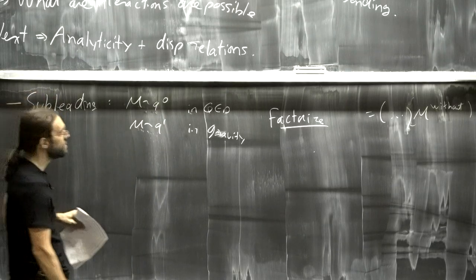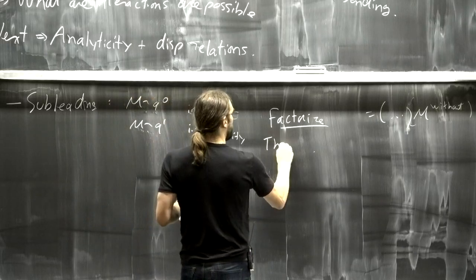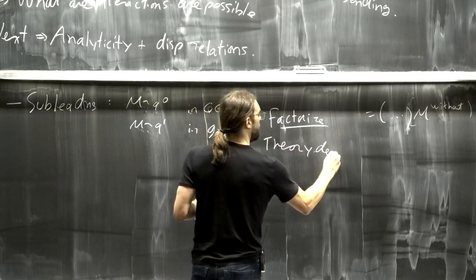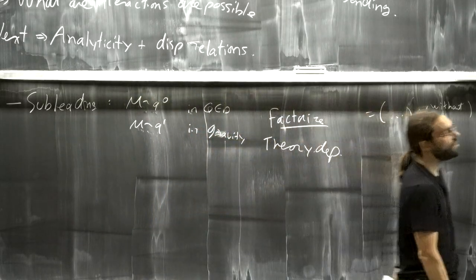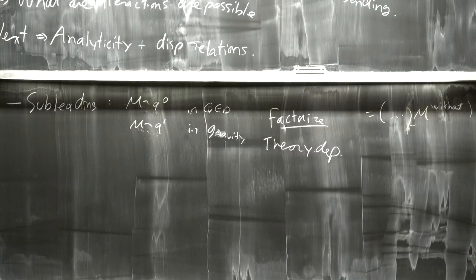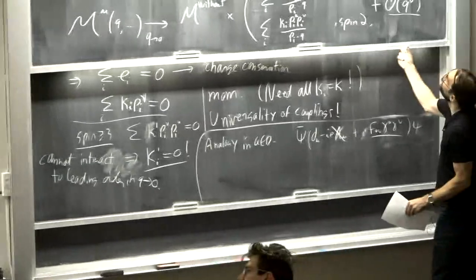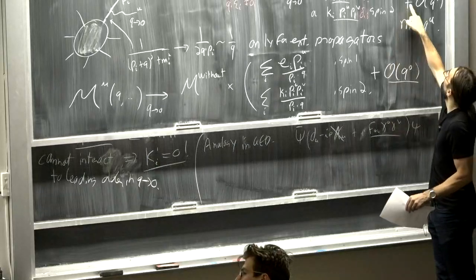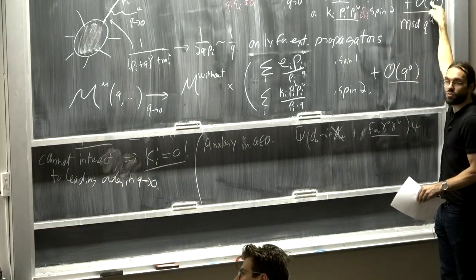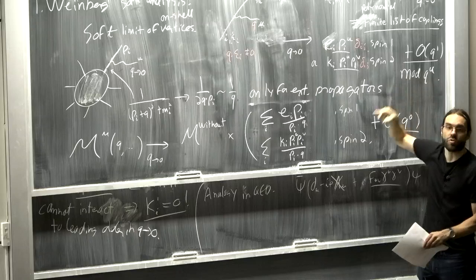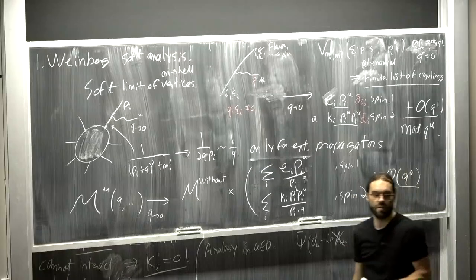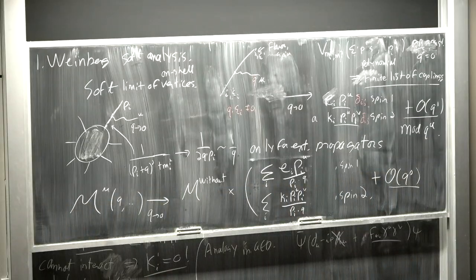So they factorize, but they are also theory dependent, because they depend on the details. If you have higher order corrections, higher derivative corrections to your theory that add an order q^1 correction to your 3-point vertex, these will show up in these terms. They're non-universal, but they are factorized.